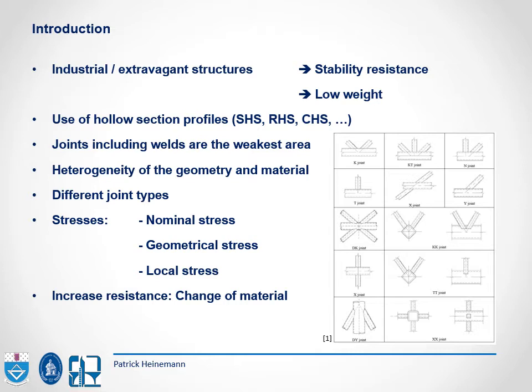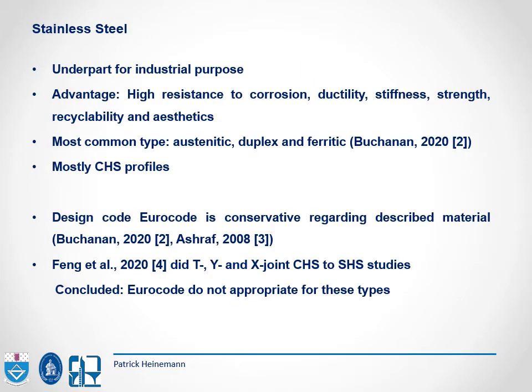To increase the resistance of these joints, one possibility is to change the overall material or only to change partly the material. In the following, I want to show you some different materials. The first material I want to present is stainless steel.